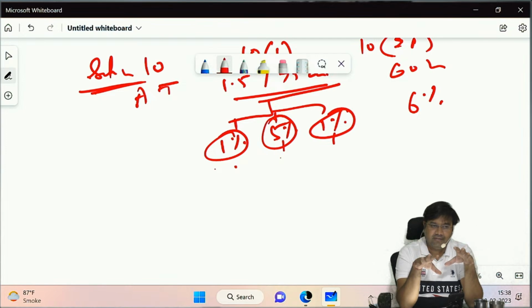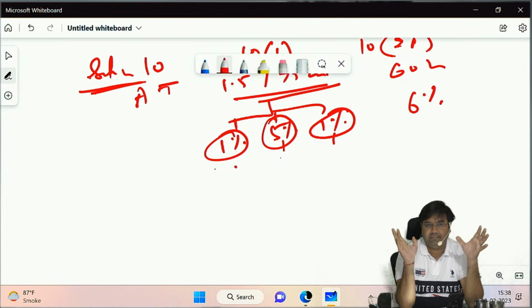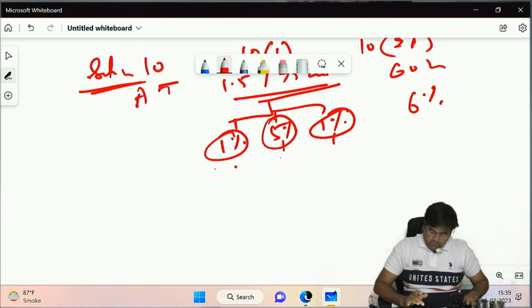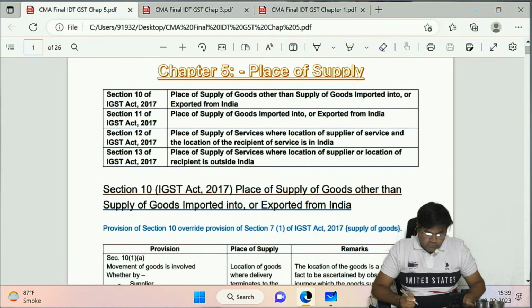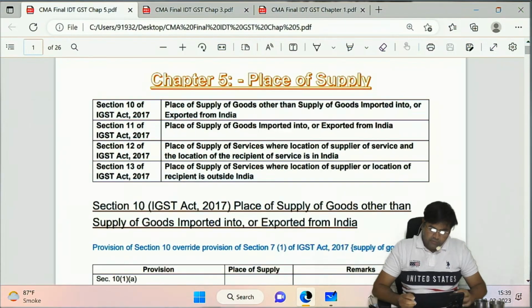Otherwise, if you do the entire revision yourself, it is not going to take more than 2 hours for all 4 chapters. It is so easy to revise. Trust me. Now, today, we are going to start chapter 5, place of supply.